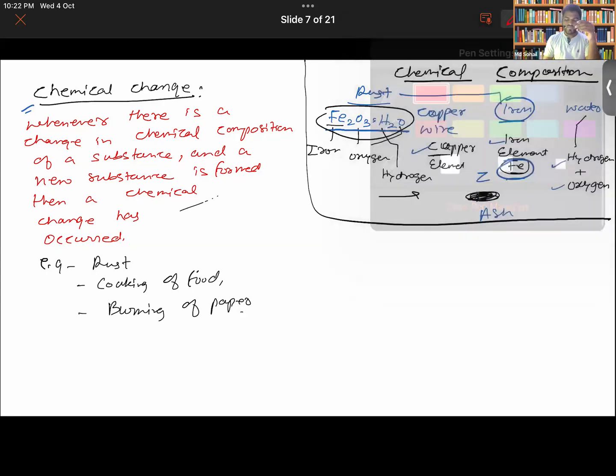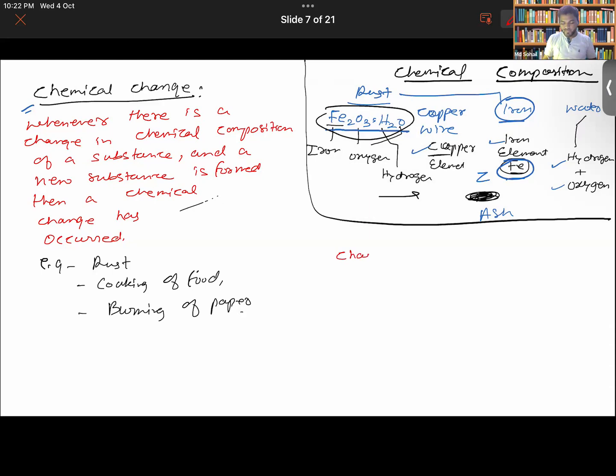Now, further note down more points regarding the chemical change. What are the characteristics of chemical change? So I'm writing it over here.